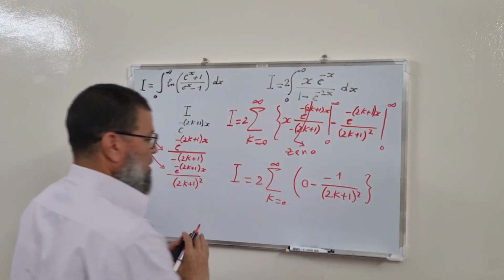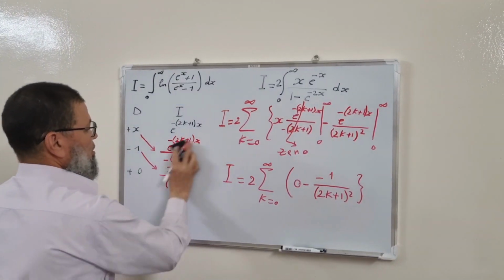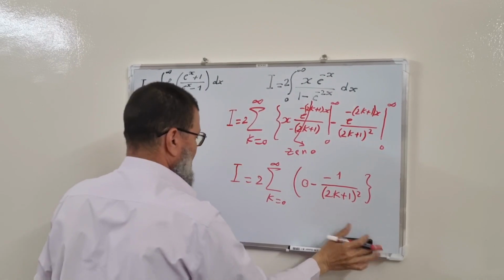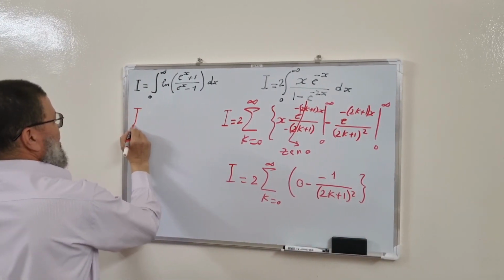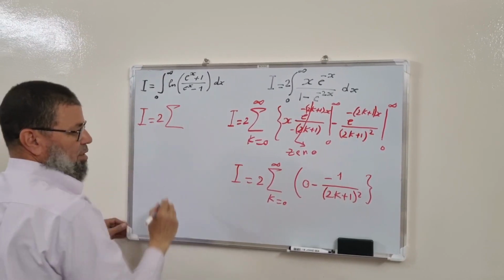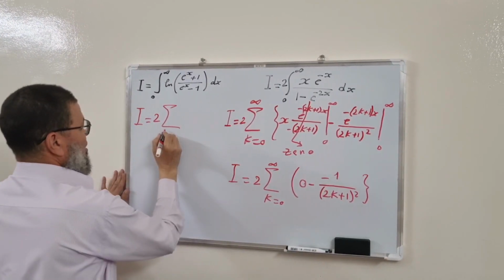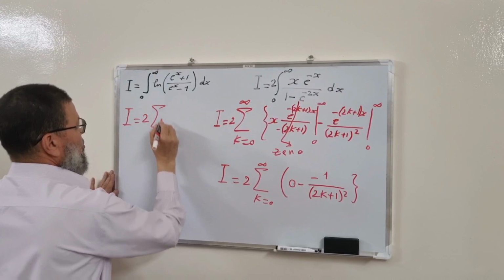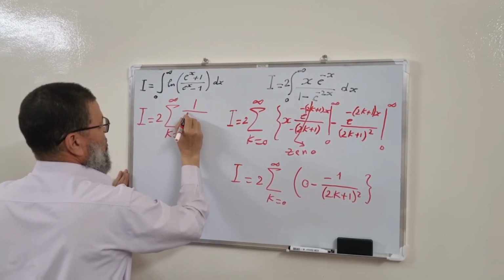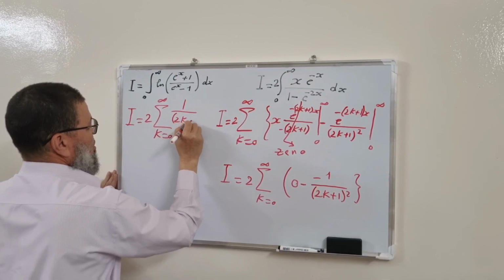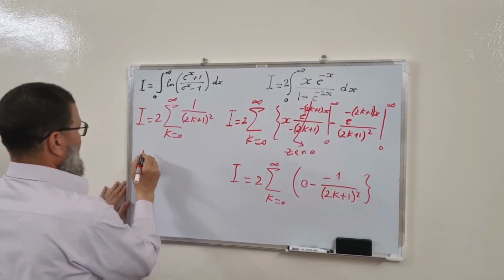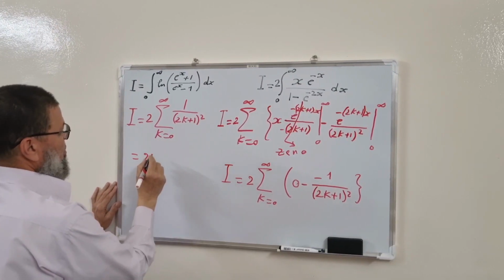So the integral will be reduced to I equal to the sum from k equals 0 to infinity of 1 over (2k+1) whole squared.